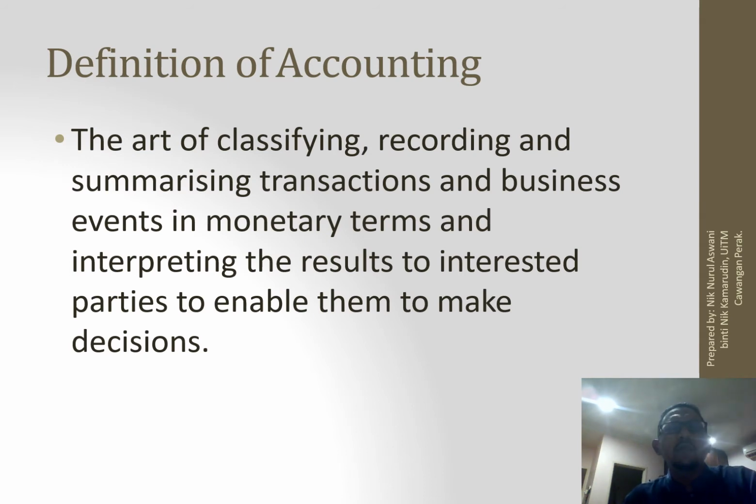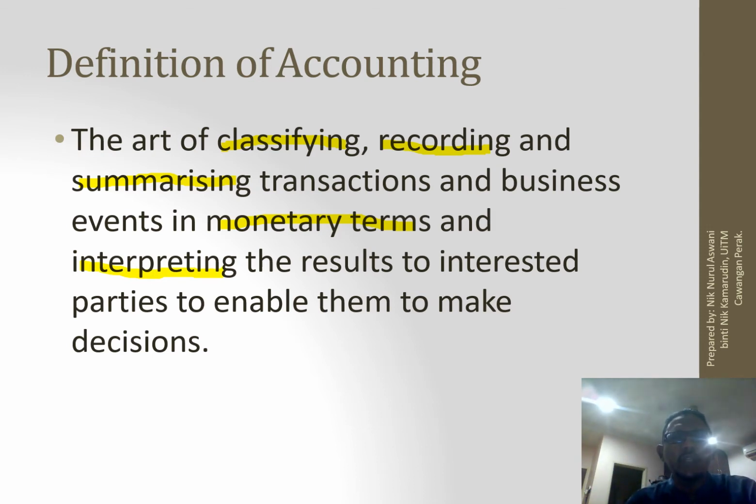Accounting can be defined as the art of classifying, recording, and summarizing transactions and business events in monetary terms, and interpreting the results to interested parties to enable them to make decisions.